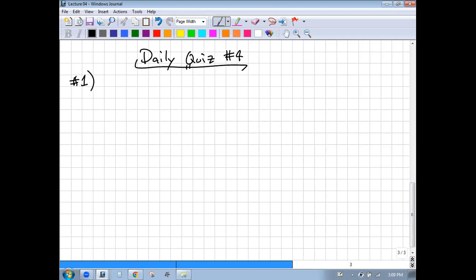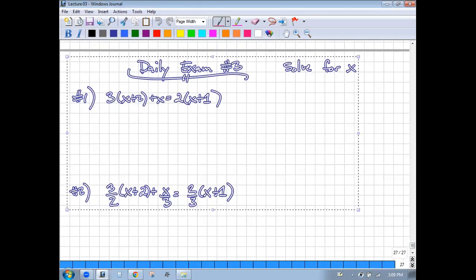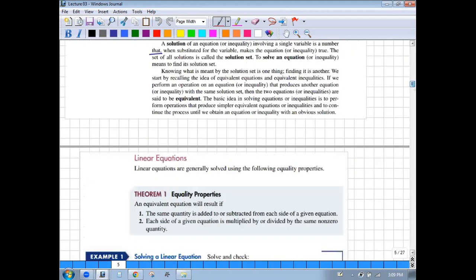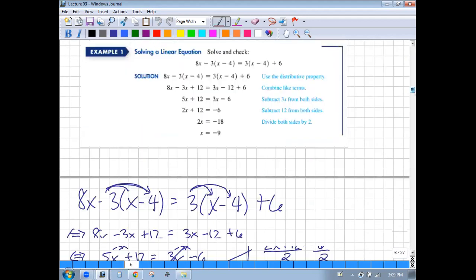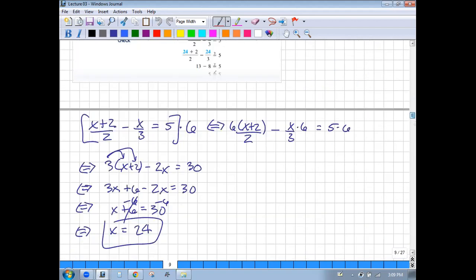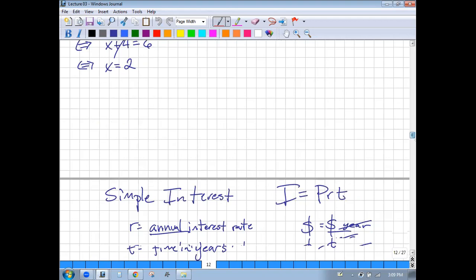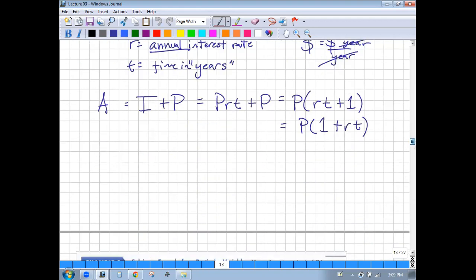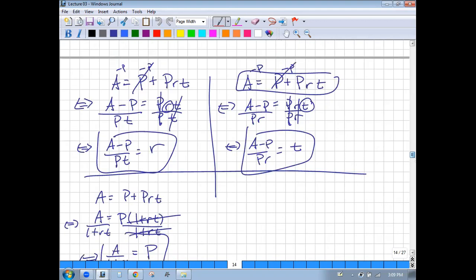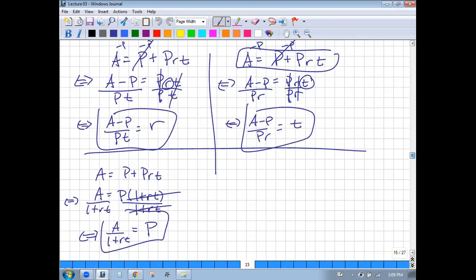No. iParty, yeah. All right, what did we do last time? We did the quiz. Oh, solving inequalities. All right, I'll throw one in there that's an inequality. Yeah, we're just doing basic stuff. Yeah, we got to example 3, iParty. The hardest part of using these formulas like iParty is the algebra, right?